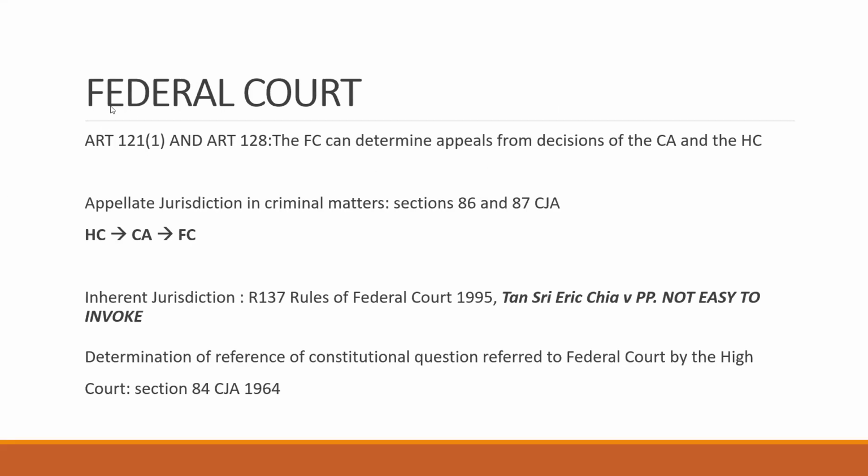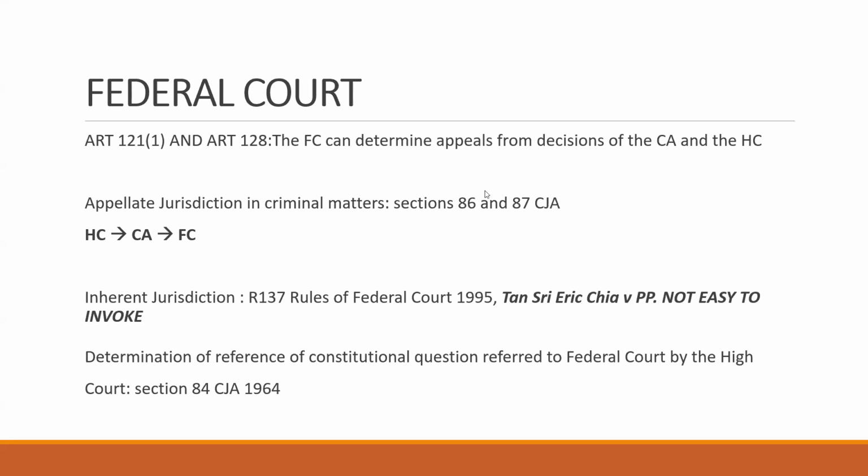So federal court, for example, the jurisdiction is still coming from your Article 121, Sub-Rule 1, and also your Article 128 Federal Constitution, whereby the federal court can determine appeals from the decision of Court of Appeal and High Court. Okay, that means to say it only has appellate jurisdiction in criminal matters.